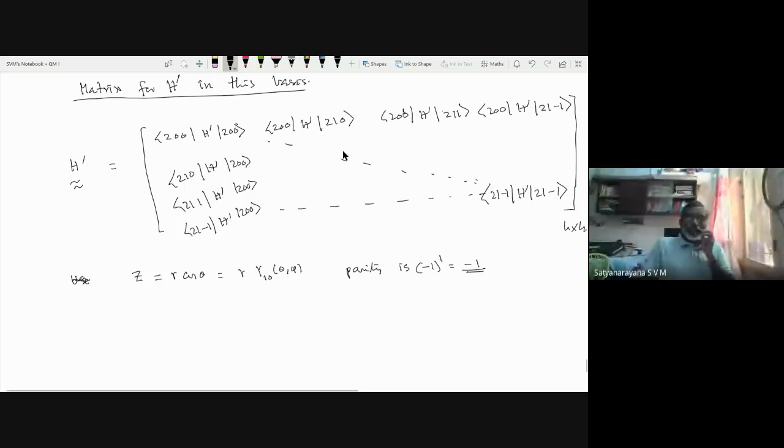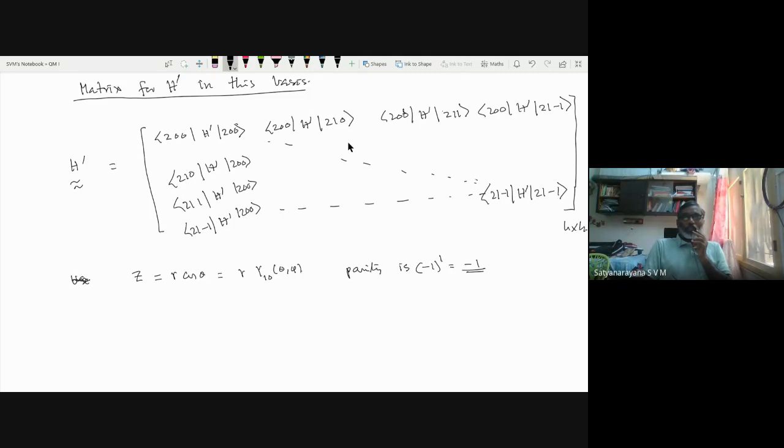Now, if you look at the states, look at 200, 200. This is even parity, this is even parity, and H prime is odd parity, so that will become 0. And 200 H prime 210, like that you can make some arguments. Since H prime is odd parity, it will couple only states with distinct parities.